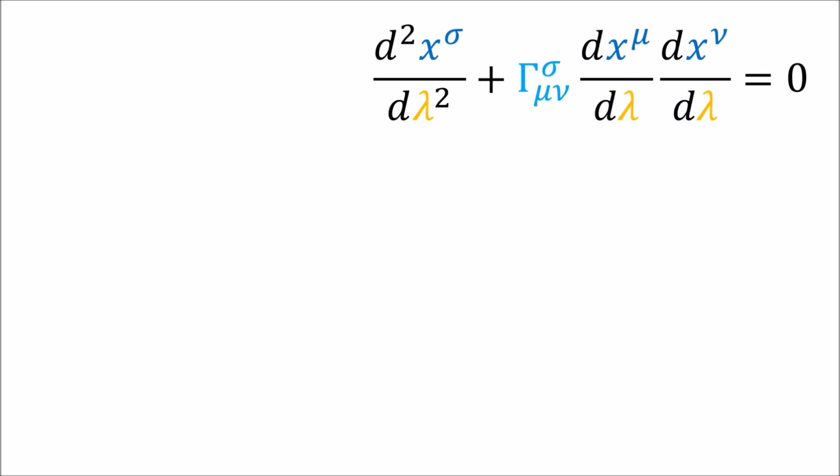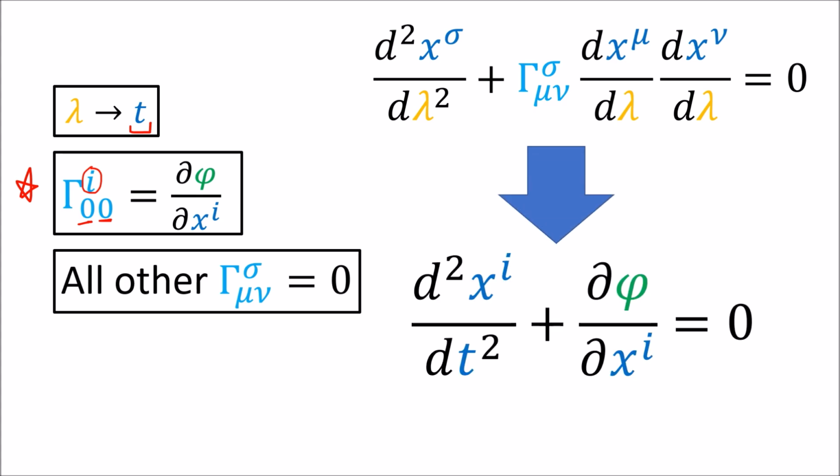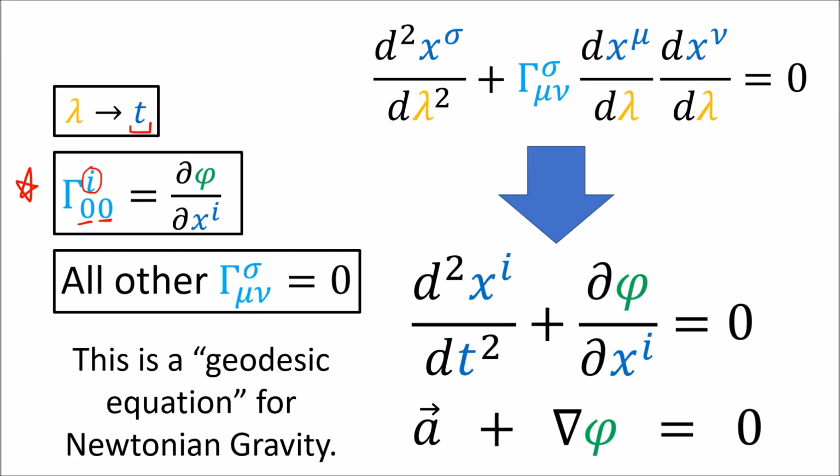So we've determined that if we start with the geodesic equation and use the universal Newtonian time coordinate t as the path parameter, and declare that the only non-zero connection coefficients are these, with the spatial index up top and time indices on the bottom, we get equations of motion under Newtonian gravity. So this is like a geodesic equation for Newtonian gravity.